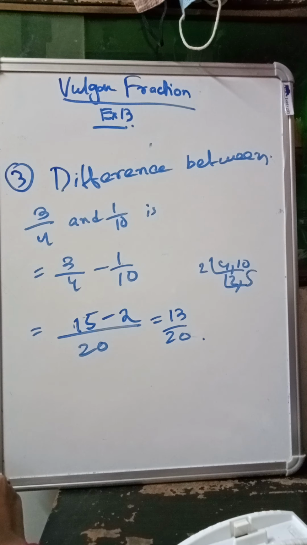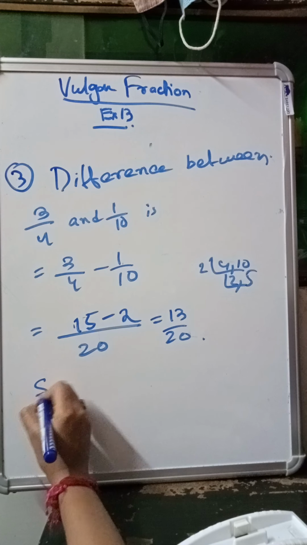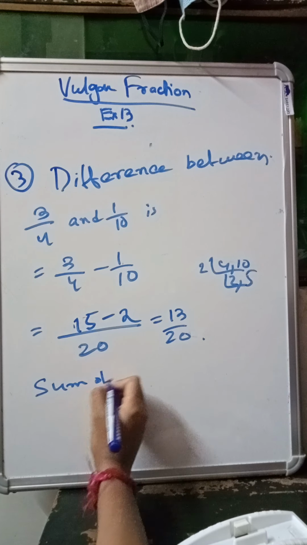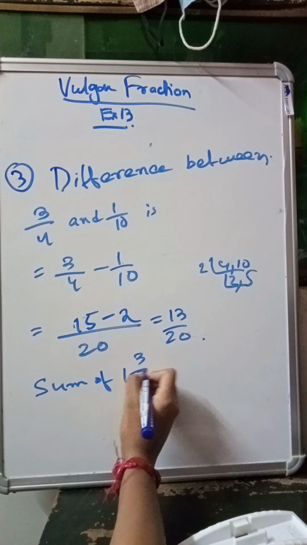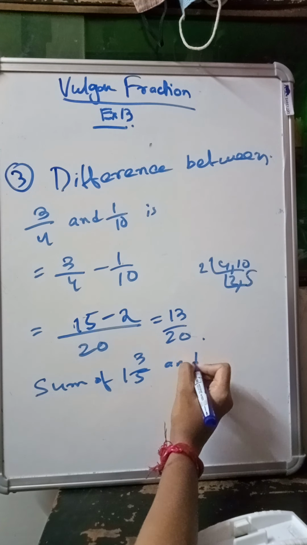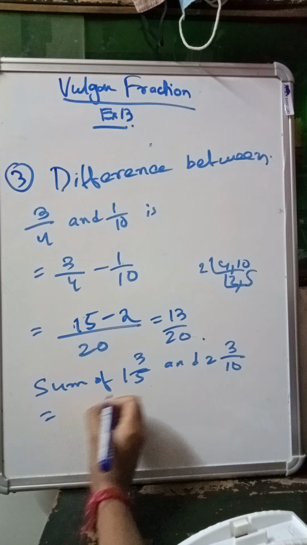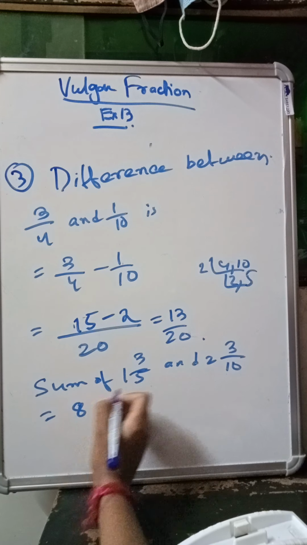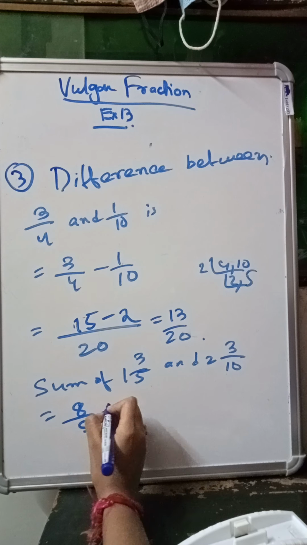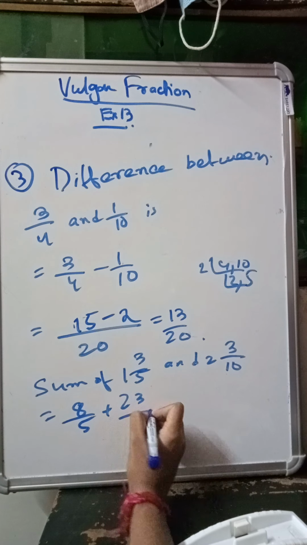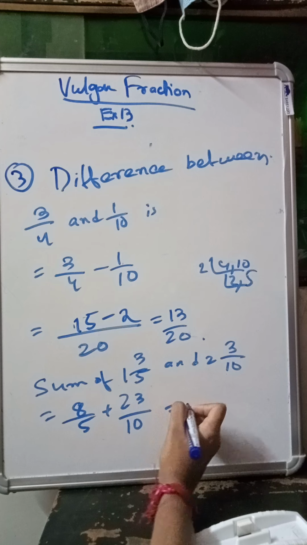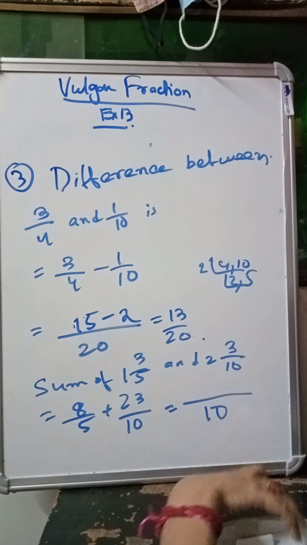Now we need to find the sum of 1 whole 3 by 5 and 2 whole 3 by 10, that is 8 by 5 and 23 by 10. So the LCM will be 10.